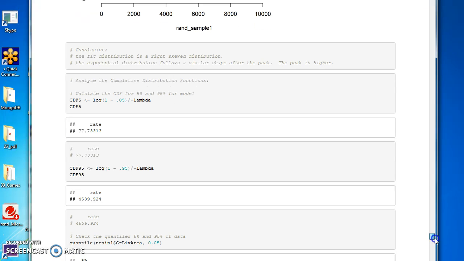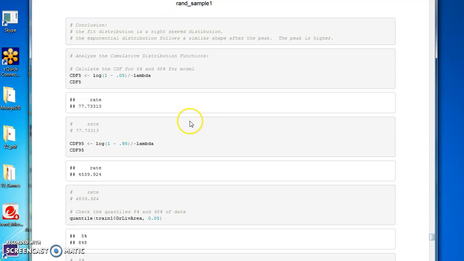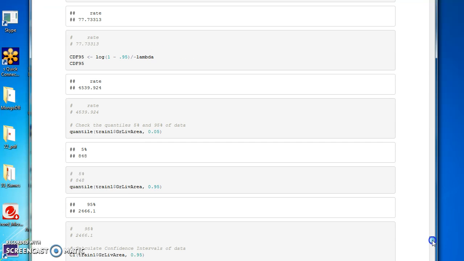And then let's look at some of the numbers to quantify that. We look at the 5 and 95% levels with the cumulative distribution function. So it goes between 77, and then if we look at the 95, it's at 45.39. So that's the range between 5% and 95%, and that's based on the model.